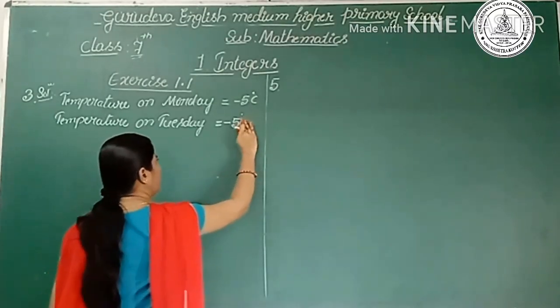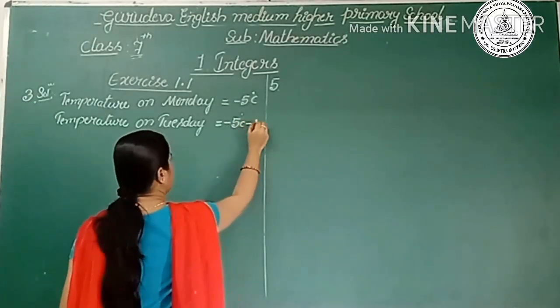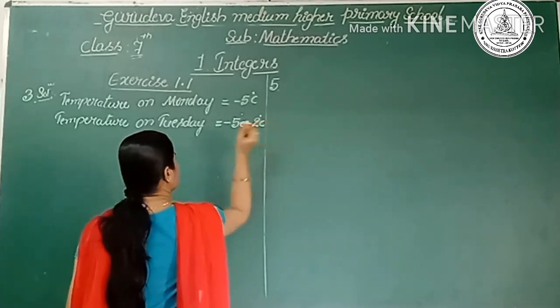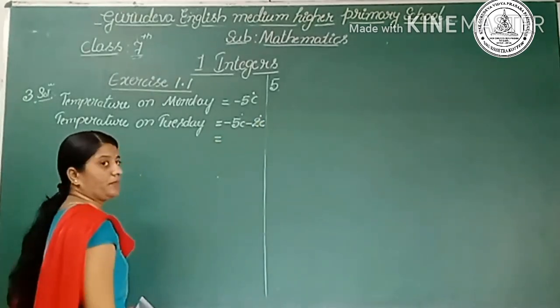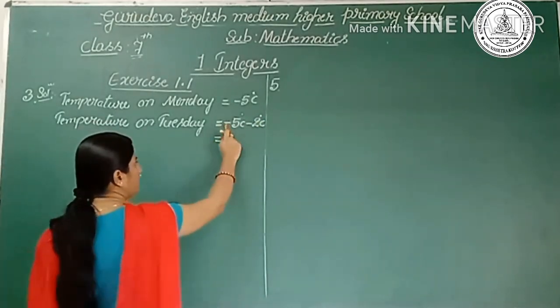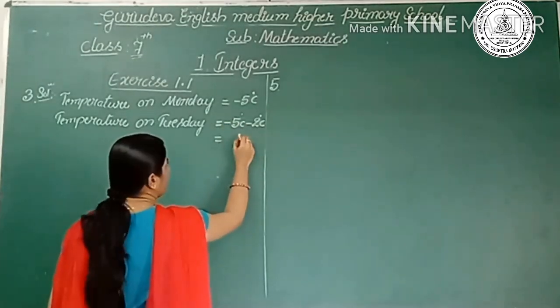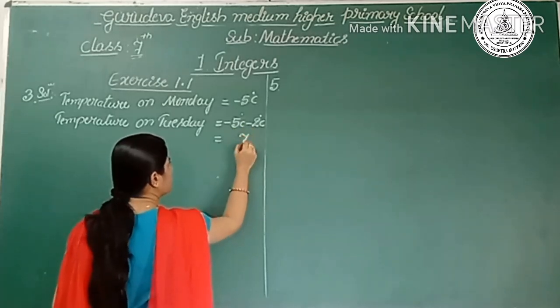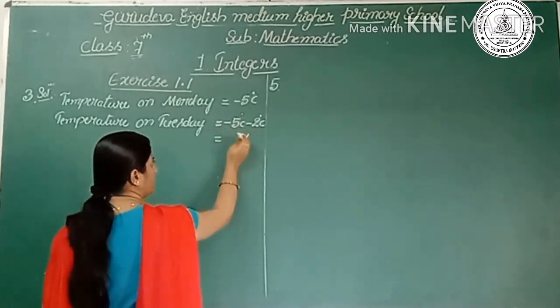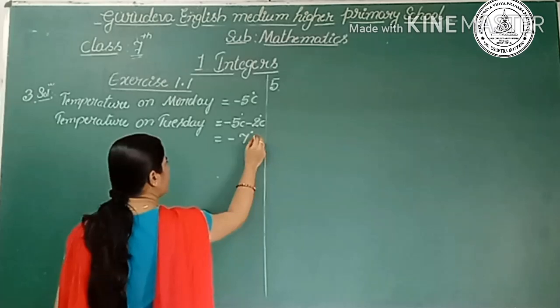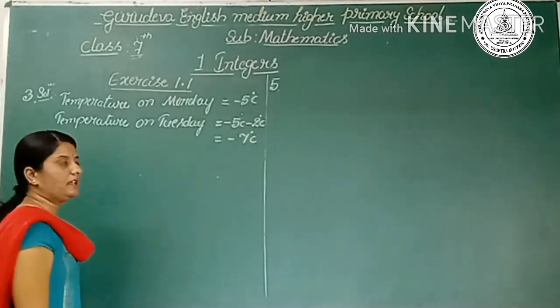Dropped means -2 degrees Celsius. So which is equal to how much? So here there is a minus and a minus, so we have to add. 5 plus 2 is 7. Here 5 is the greater number, it has a minus sign, so it is -7 degrees Celsius.